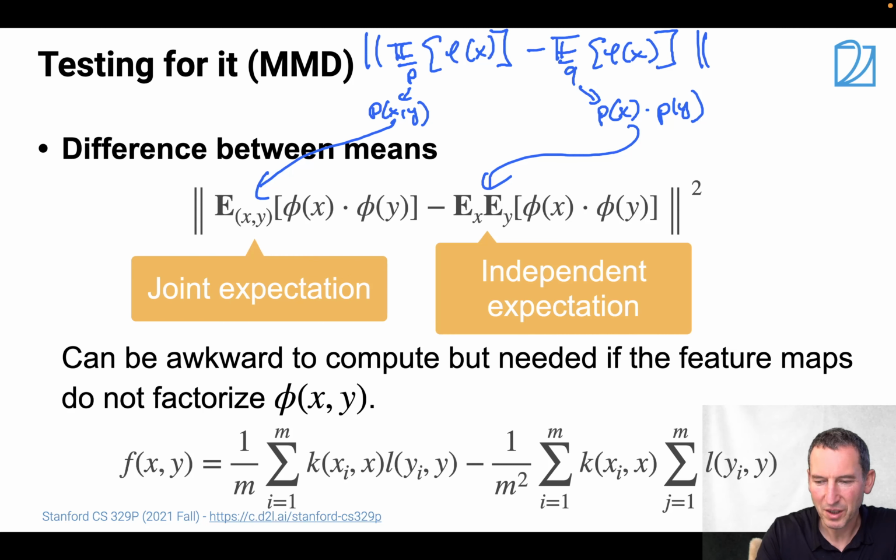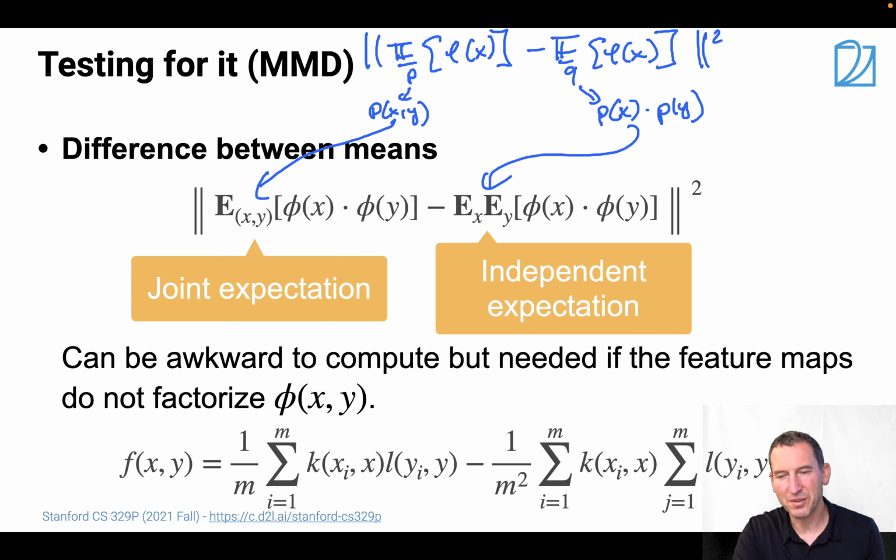And then, well, for good measure, I'm going to square it just because it looks prettier. So what this does is I'm just going to take a joint expectation and an independent expectation, and I'm going to compare those two. Now, if my feature map or my representation factorizes nicely into an outer product between x and y, this is exactly what you might want to use.